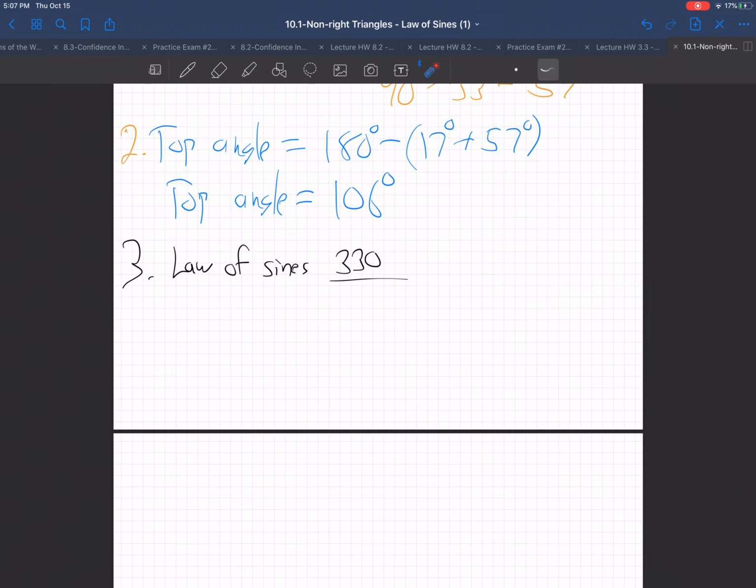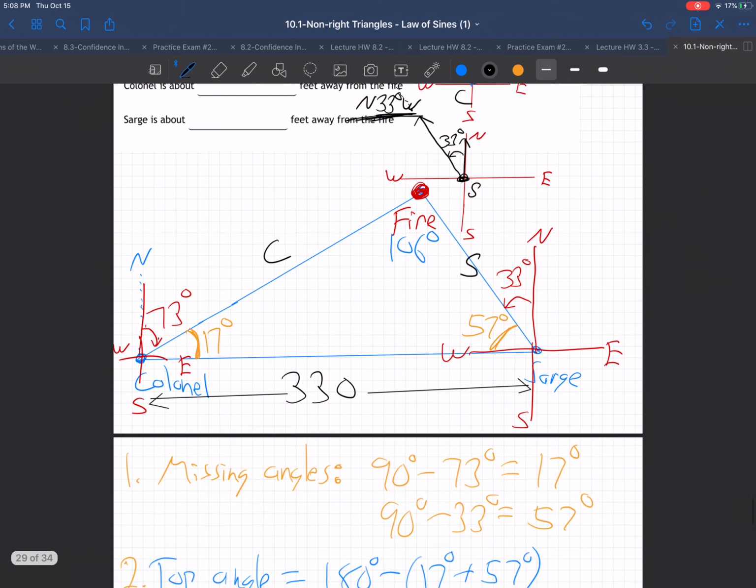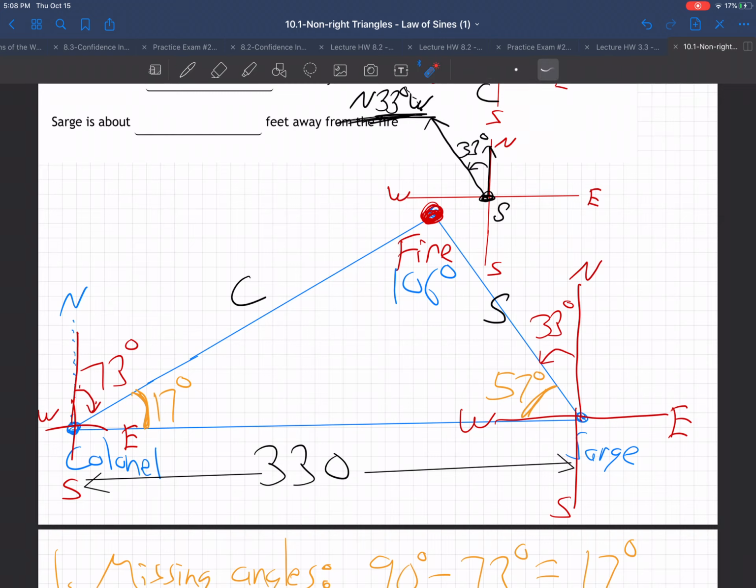Law of sines is angle and sides opposite each other. Must equal, right? Law of sines says that if you take any angle and the side opposite, it's going to equal any other angle and the side opposite, the ratio, as long as you put the sine of those angles. That's the law of sines. So I can match those two up. So that's going to be C over sine 57.